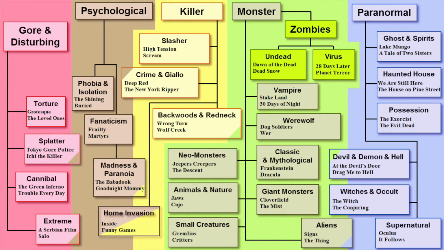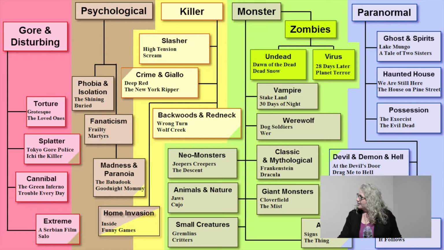I did not make this chart, I just thought it was kind of neat when I found it. But you can see that it's divided into gore and disturbing, psychological, killer, monster, paranormal, zombies. And remember, all of these classifications and divisions are under just that one little square of horror, you can see how you can break things down into smaller and smaller parts when you classify and divide.